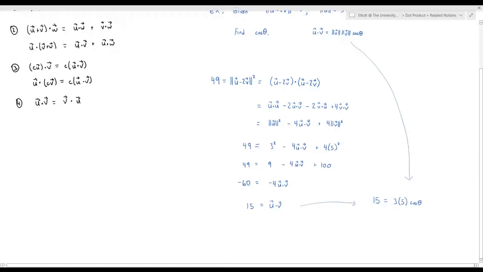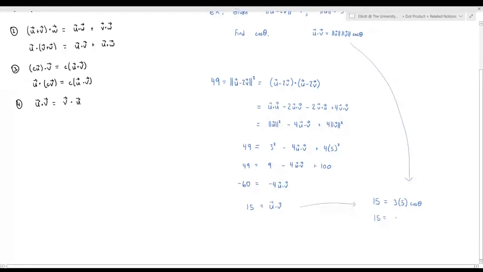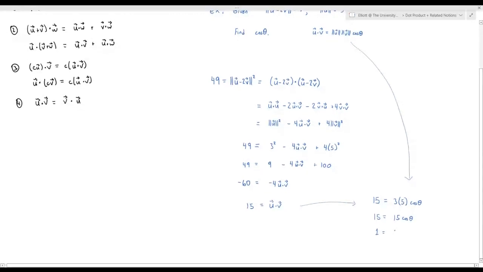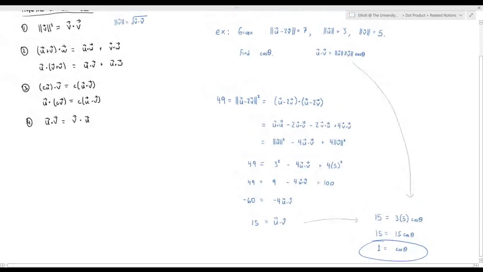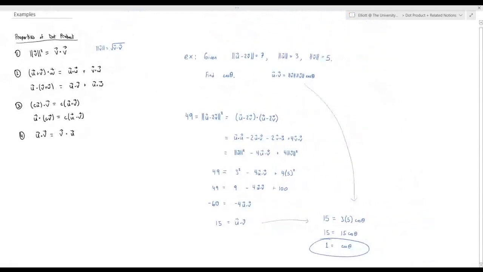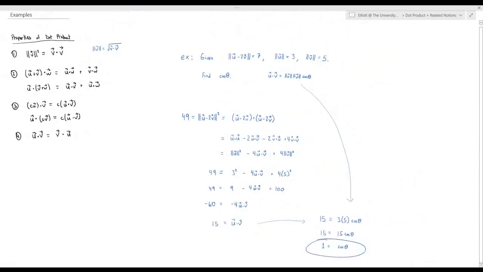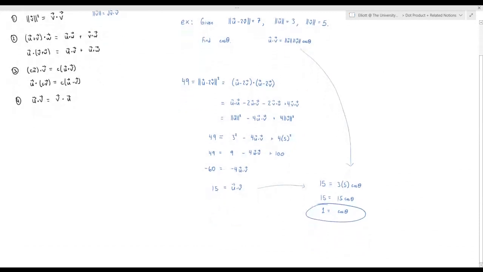This is pretty remarkable: 15 is 15 cosine theta, so cosine theta is equal to 1. That would be the solution to that problem. The question asks to find cosine theta, so you don't need to solve for theta itself. Just cosine theta equals 1 is good enough.